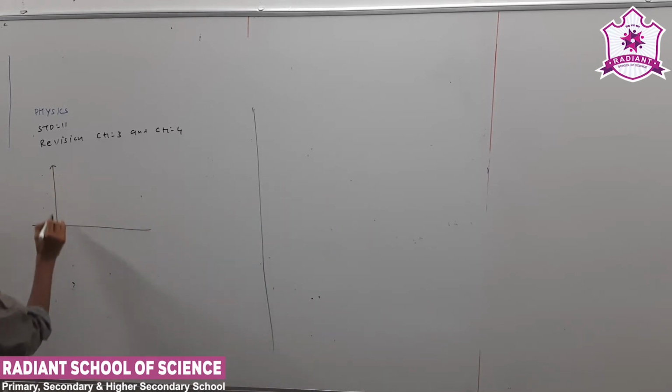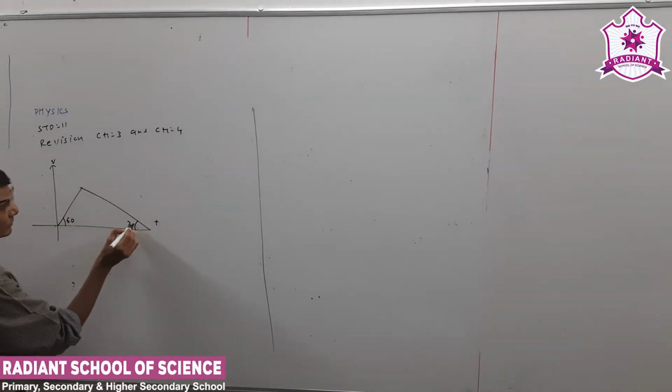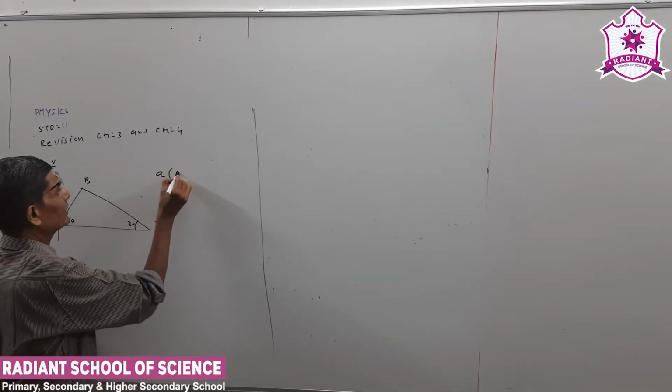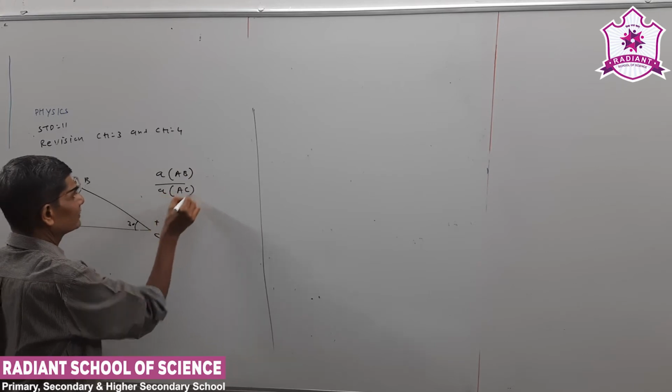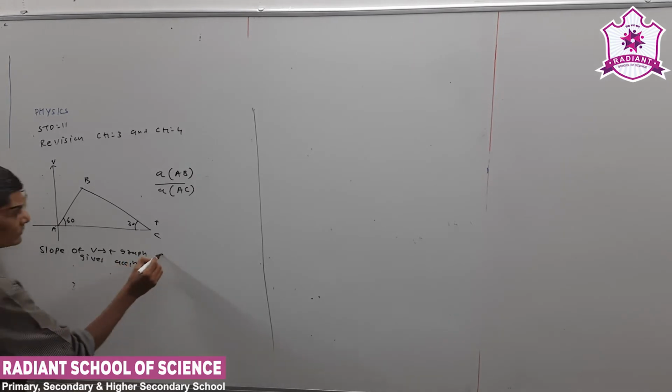Now see the next question. A V versus T graph is given. We have to calculate the ratio of the acceleration in the AB part and the AC part. Now see, the slope of the graph gives acceleration. Slope is equal to tan theta also.